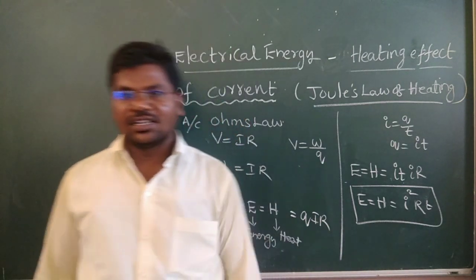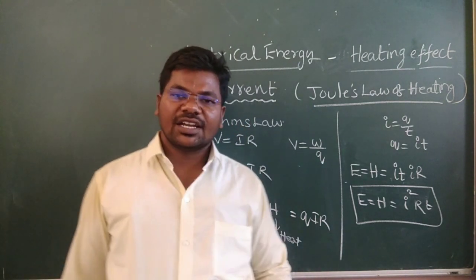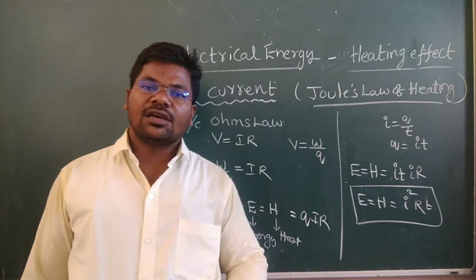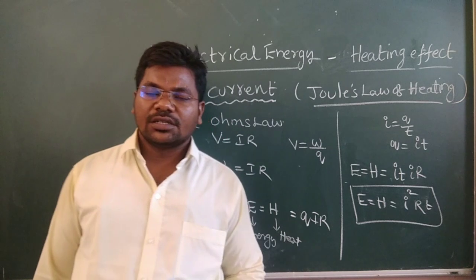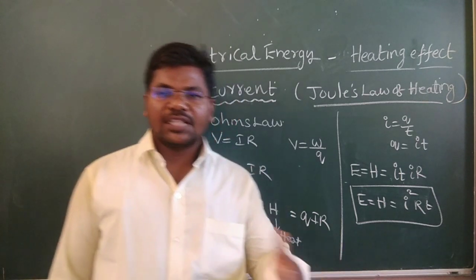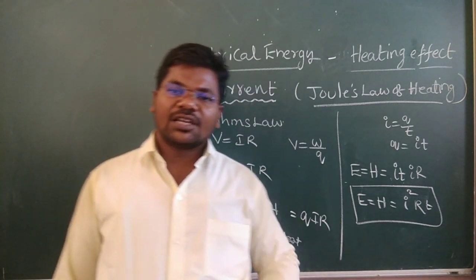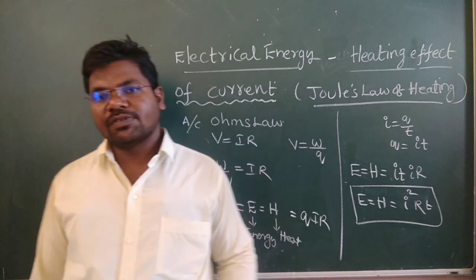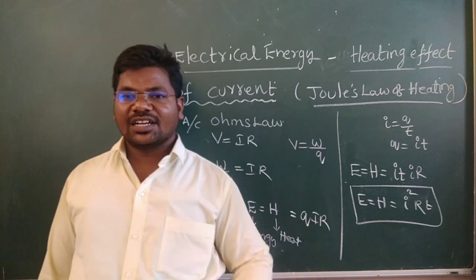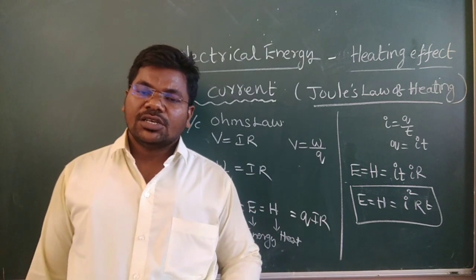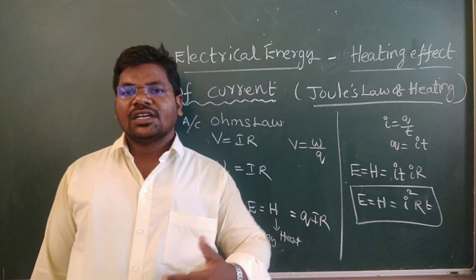Coming to the heating effect of electric current, consider a conductor and attach a battery, the source of current. If the current passes through a conductor in a specified time, the temperature of the conductor increases, so we get some heat.